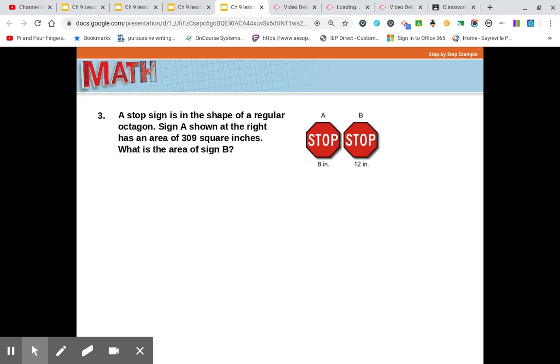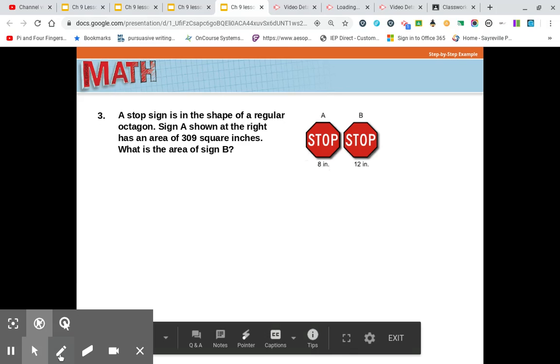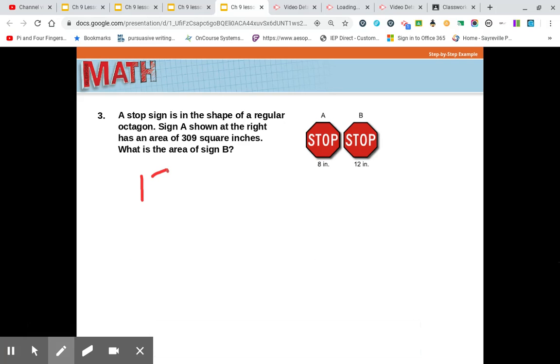To find the scale factor, you're going to simply divide 12 by 8. And again, you guys are allowed to use calculators. So 12 divided by 8, that's where I'm getting my 1.5 from.